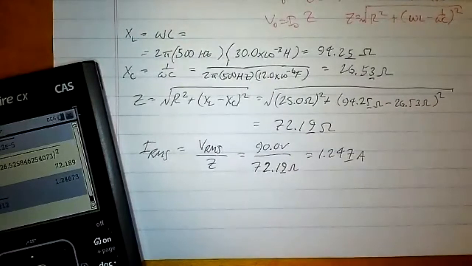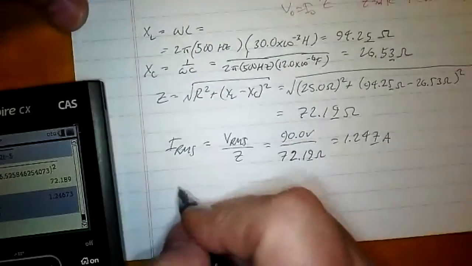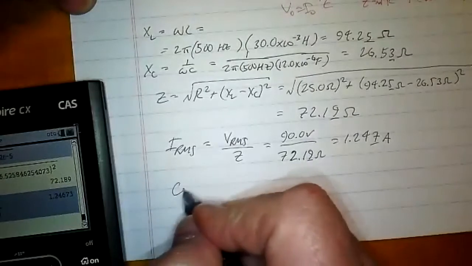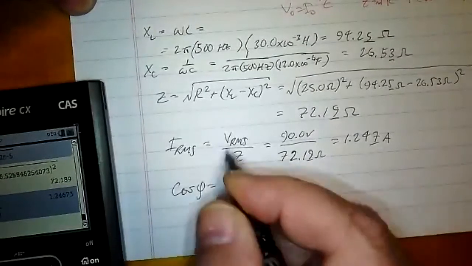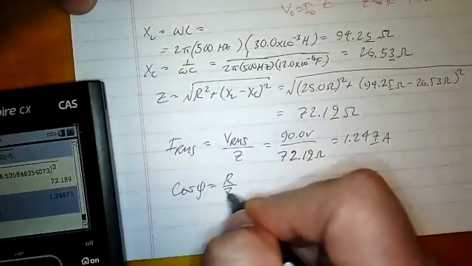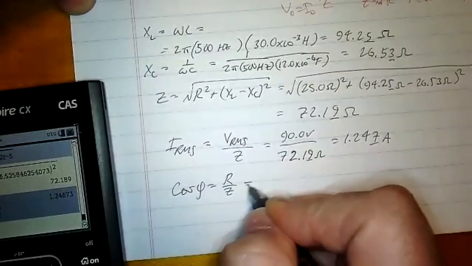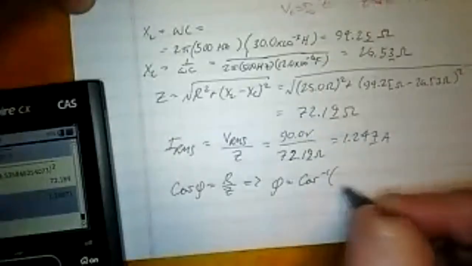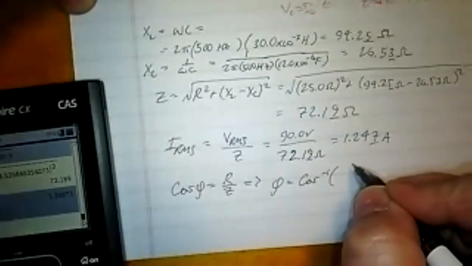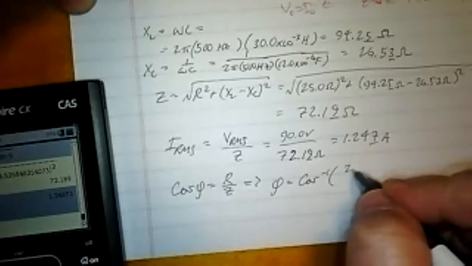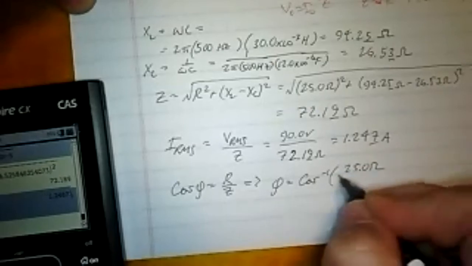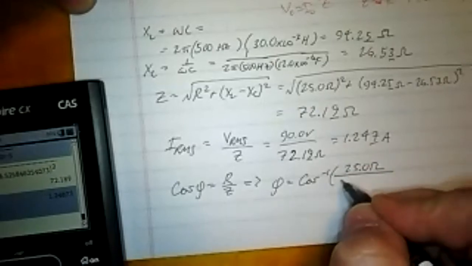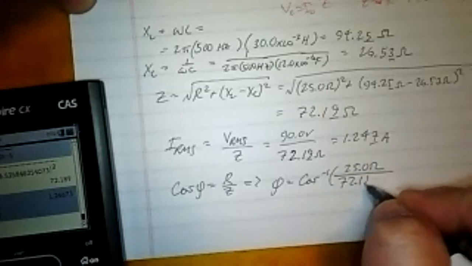If I wanted to know the phase angle, and I do, there's a couple different ways. I'm going to take cosine phi is actually equal to R over Z, because I like that a little easier. That means phi would be the inverse cosine of R, which we found was 25.0, over Z, which we found to be 72.19.